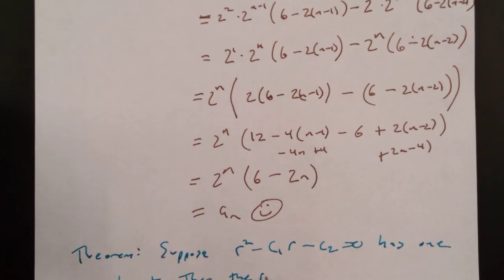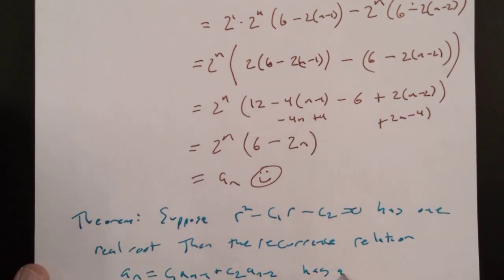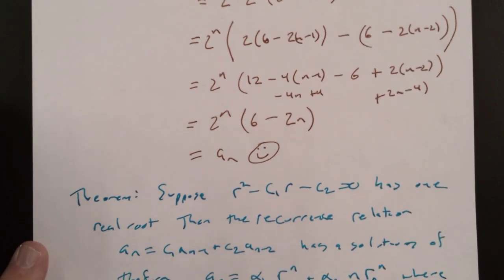Then the recurrence relation a_n equals c1 a_{n-1} plus c2 a_{n-2} has a solution of the form a_n is alpha 1 r0 to the n plus alpha 2 n r0 to the n, where r0 is the root and alpha 1, alpha 2 are real numbers.